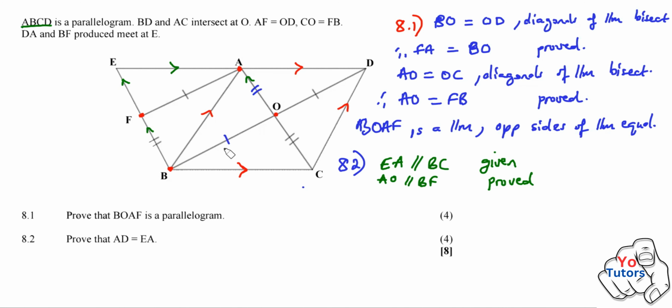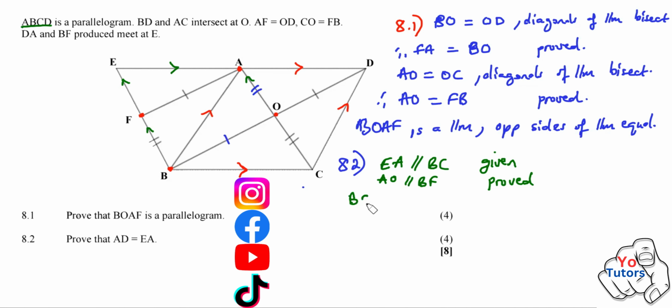Now, once we have that, we can safely say that BCAE is a parallelogram. The reason being opposite sides are parallel. Opposite sides of a parallelogram are parallel.